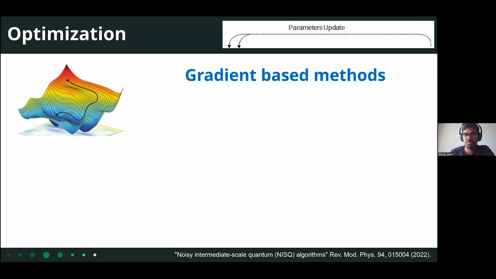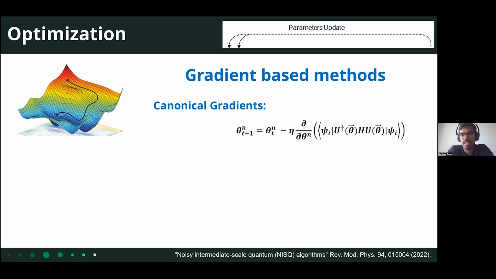The most common approaches are gradient-based methods, where you try to calculate the gradient, and there is a really nice result in the field where you can just do two runs of the same circuit and find these gradients very easily by doing the same expectation value measurements that you were doing.